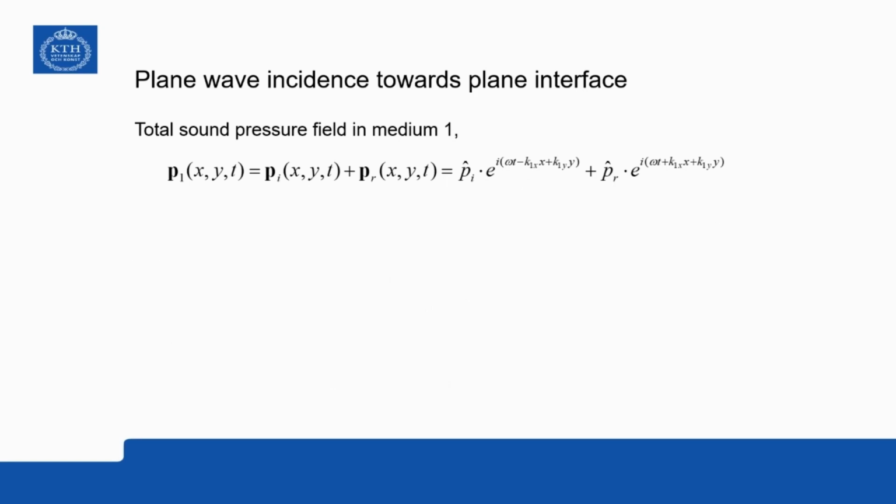So let's go now for the boundary condition. Well, the total sound pressure field in medium 1 is equal to the sum, because since we have a linear system, we can use superposition, and that means that we can sum the incidence and the reflected fields.